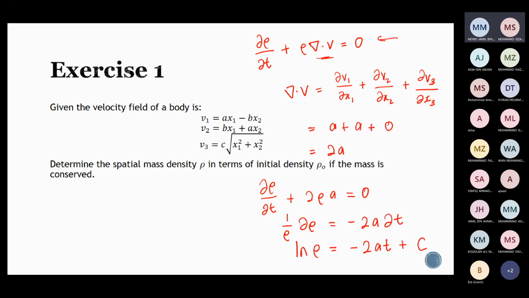And then using the initial condition, at time 0, rho is rho naught.